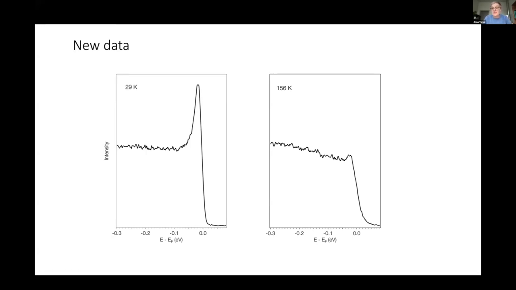Now, what is Z? If you would extract Z from the spectra, following what many ARPES groups did, you would consider this intensity here at high energy as your background, and you would say, okay, this is my quasi-particle peak for this temperature, and this little peak is what is left at high temperature, so Z goes to 0.